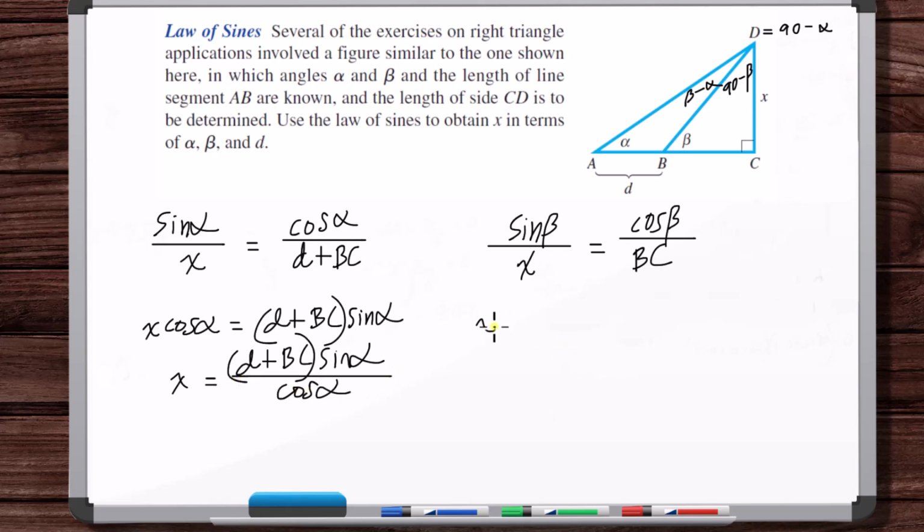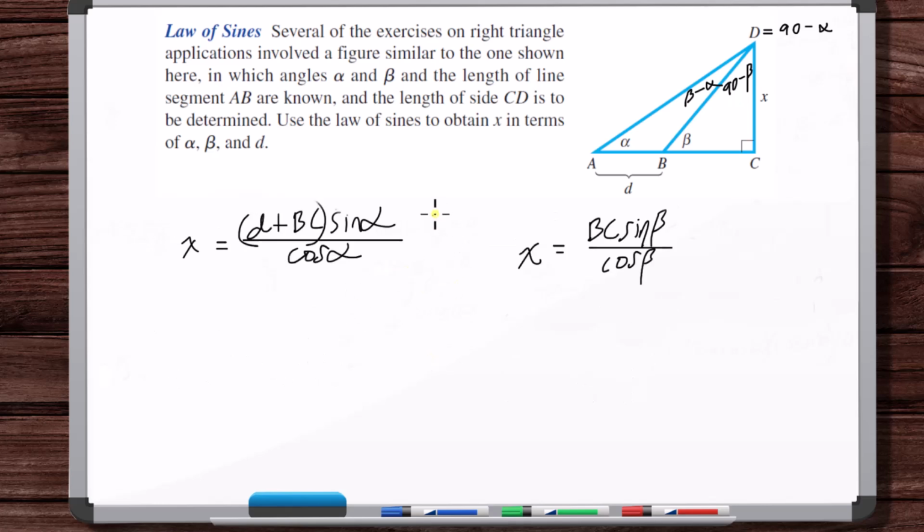Now here, solving for x, x cosine beta is equal to BC sine of beta. So x is equal to BC sine of beta over cosine of beta. Now let's set these two equal to each other.